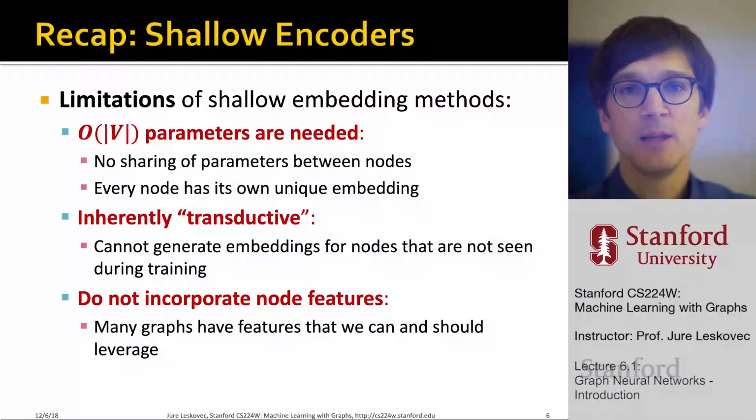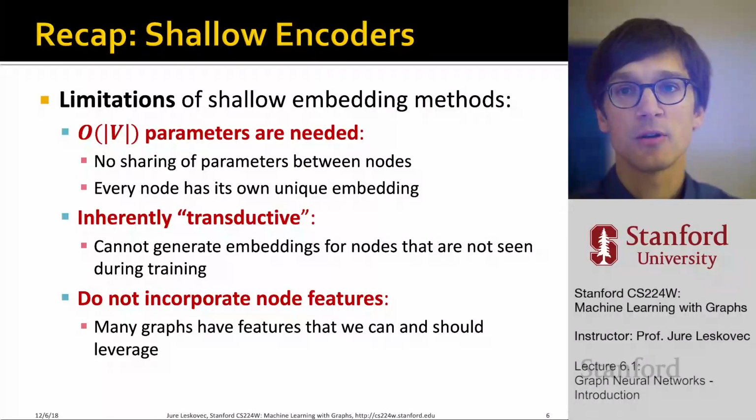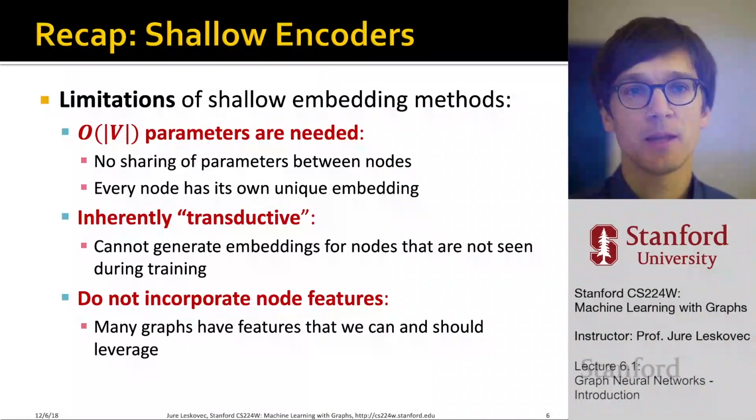So what are some of the limitations of approaches like DeepWalk or node2vec that we have talked about so far that apply this shallow approach to learning node embeddings? First, this is extremely expensive in terms of the number of parameters that are needed. The number of parameters the model has to learn is proportional to the number of nodes in the network, basically d times the number of nodes.